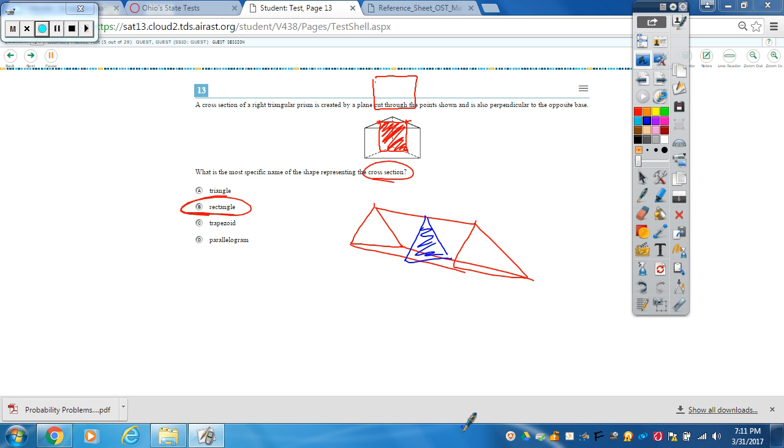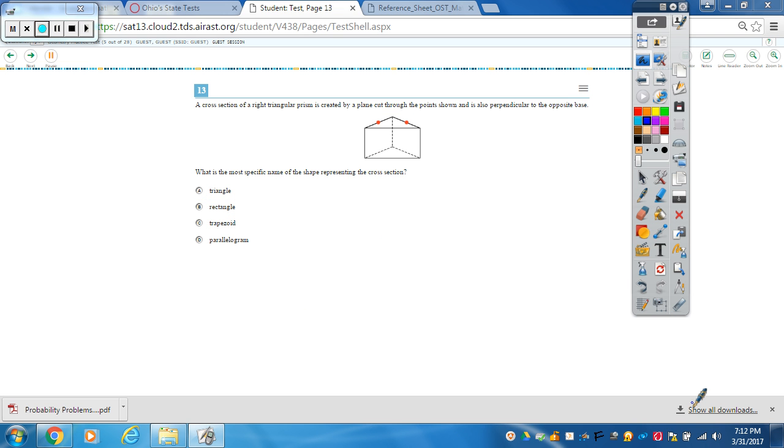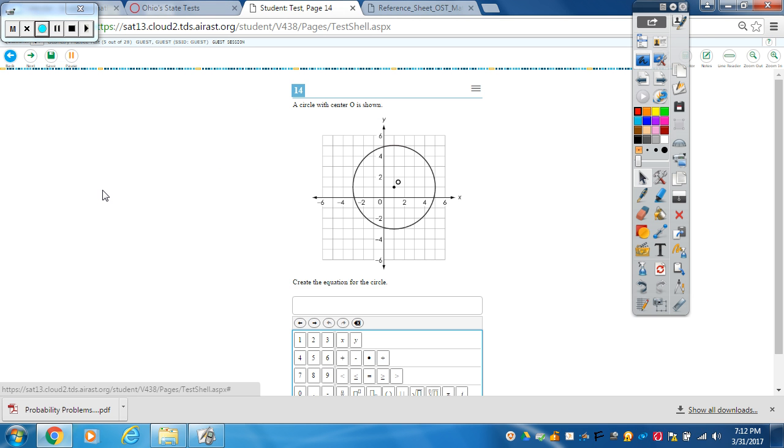If I go ahead and take a golf ball and split it horizontally, what shape is shown? It's going to be a circle, okay? So just something to think about as you're looking at those type of problems there. Okay, cross-section's not meant to be hard, you just have to be able to visualize them. All right.